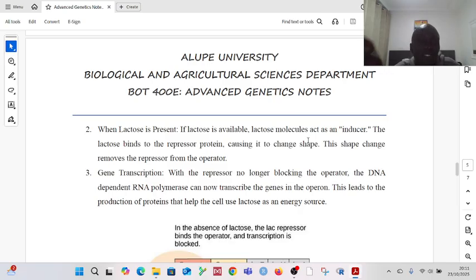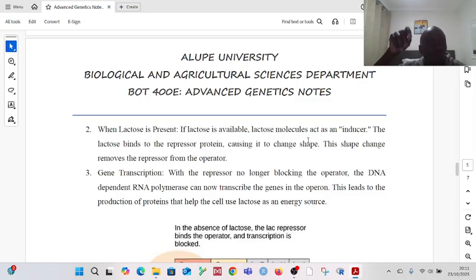Once the inducer binds to the repressor protein, the repressor changes shape, and it loses the ability to continue attaching to the operator. So it comes off. What caused the repressor protein to leave the operator is the lactose that was present in the environment, which attached to the repressor that was already on the operator.